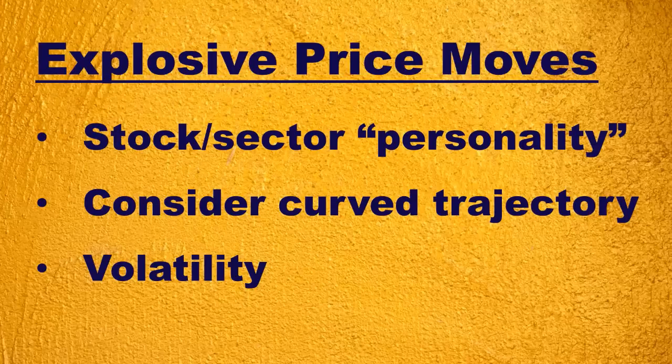The other thing that I wanted to bring up is that we need to consider a potential for a curved trajectory. The reason for this is, first of all, it's happened multiple times before, and it's interesting, if you look at silver on smaller timescales, you'll see smaller versions of those curves.